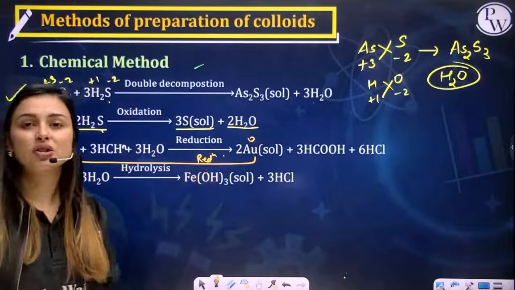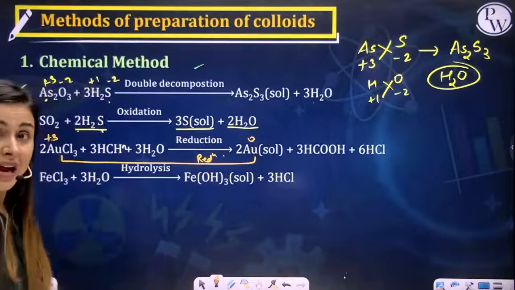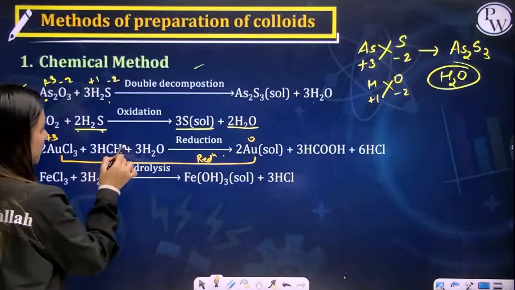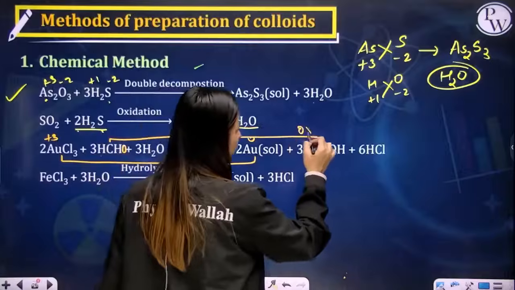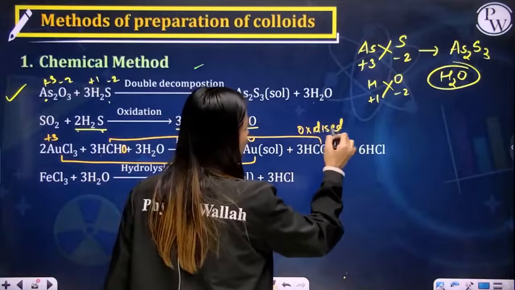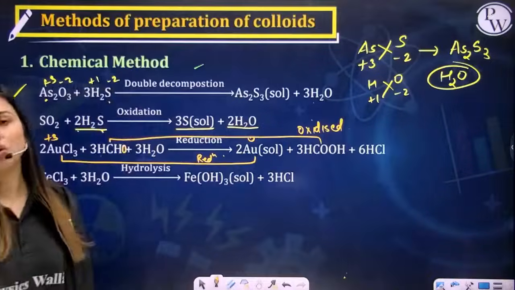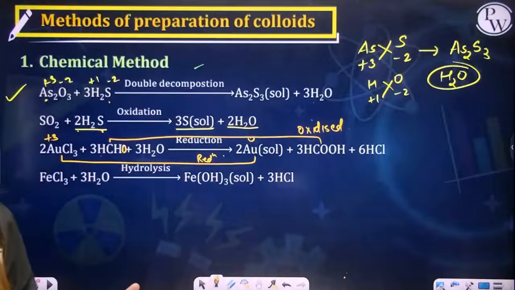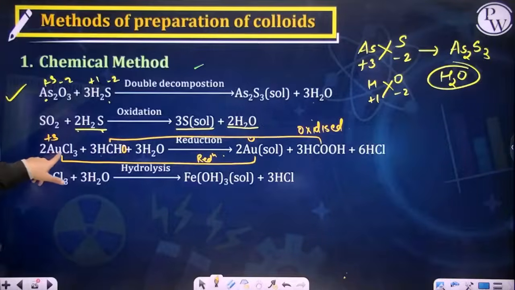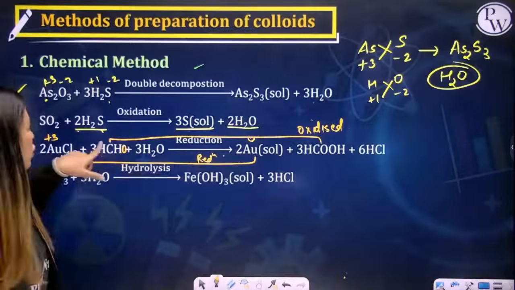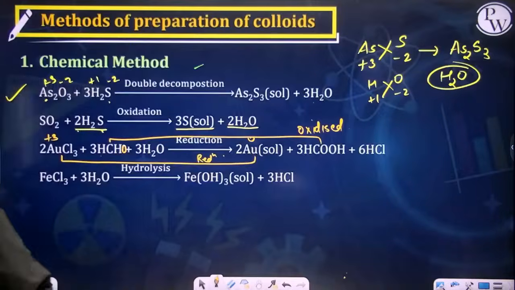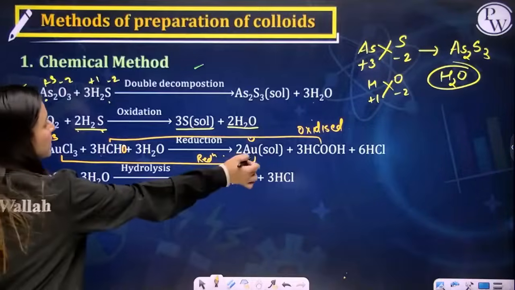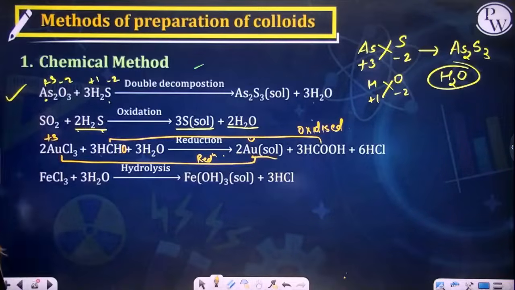So reduction has taken place. At the same time, your aldehyde has got oxidized to the acid, that is HCOOH. So oxidation and reduction take place simultaneously. When AuCl3 gets reduced to Au, the aldehyde gets oxidized to the acid HCOOH. Okay, so this is how your sol, that is your colloid, is created.